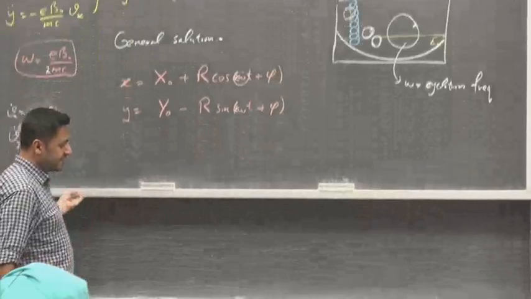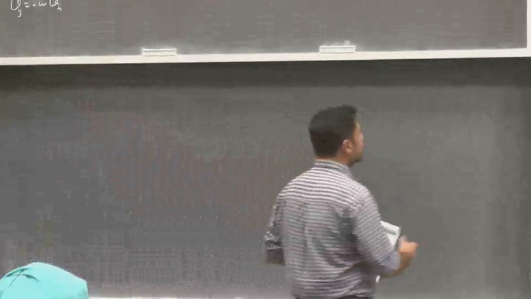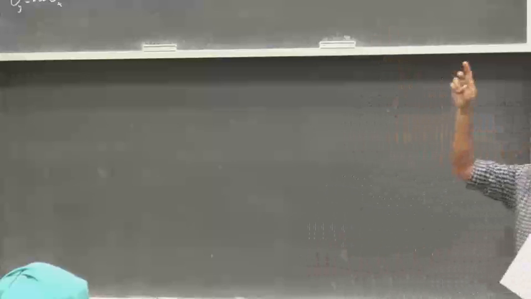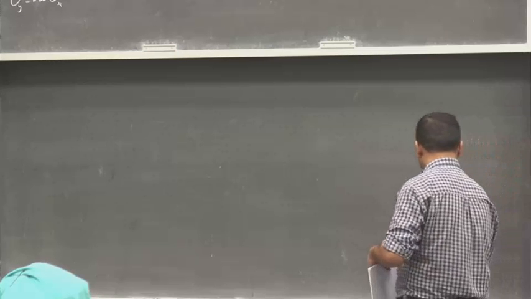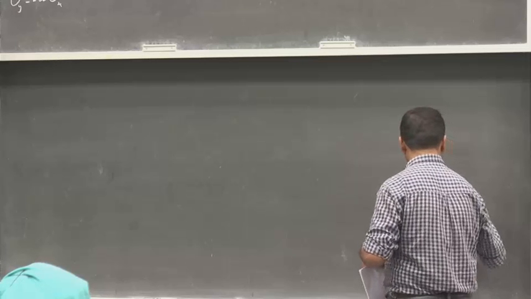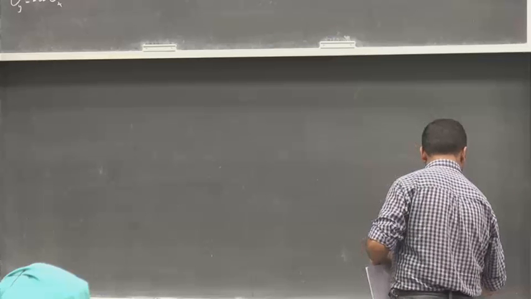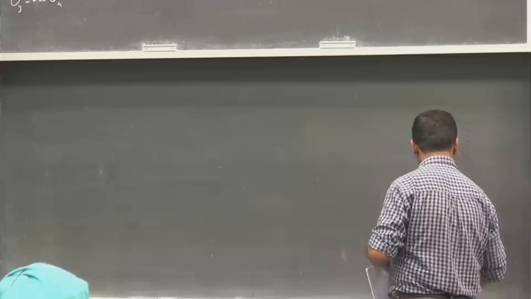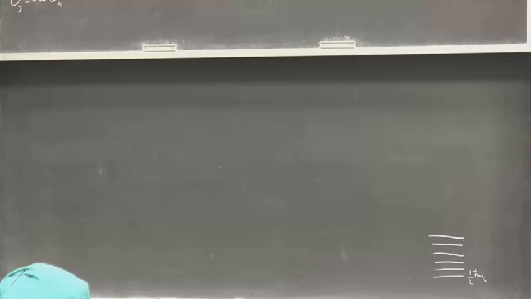So these levels, classically you could rotate it with any energy. Bigger radius had more energy. Now that thing is just quantized, and you have these levels going up.